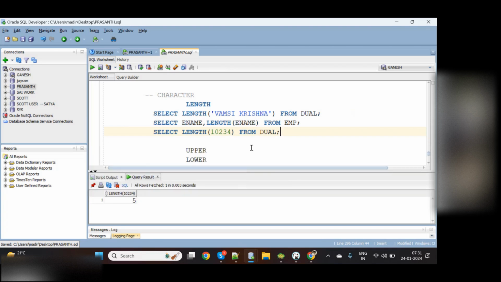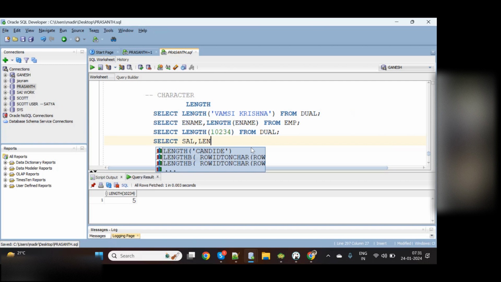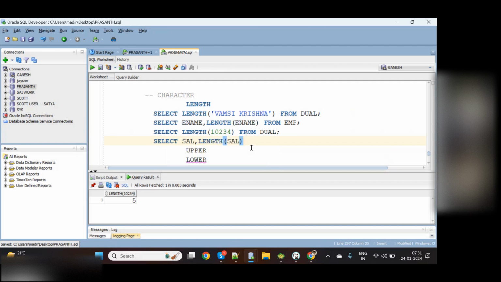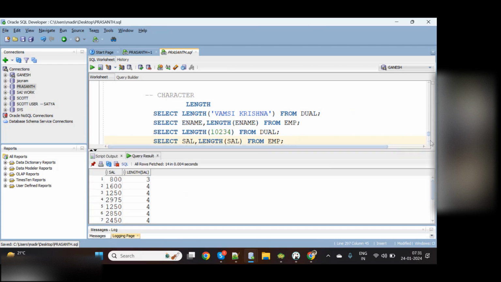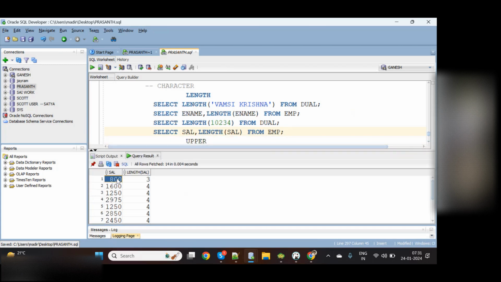We will go with the table. In the table we have a salary column. Let's see whether this will work out. Working. But generally the length function works on characters only. With your question I just ran it on numeric and it is working.